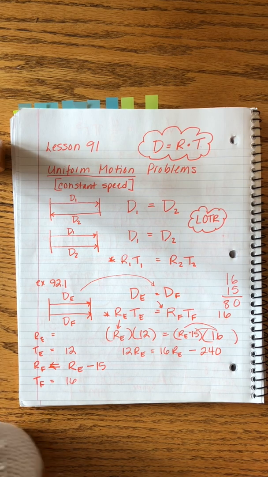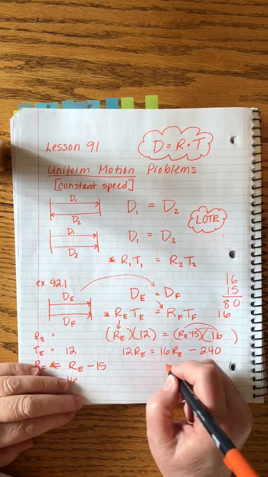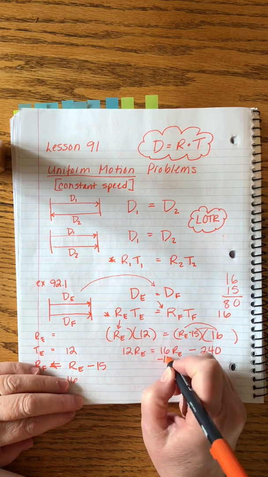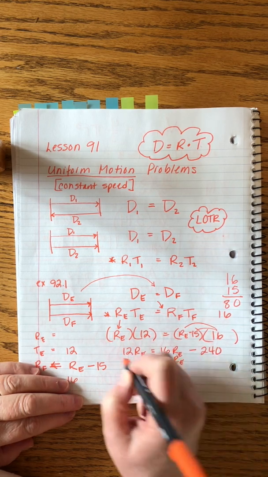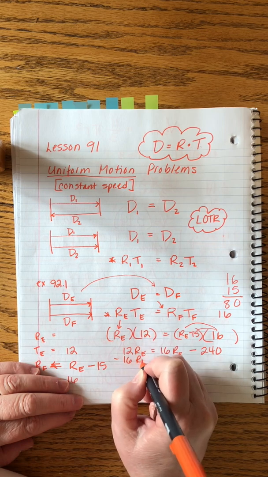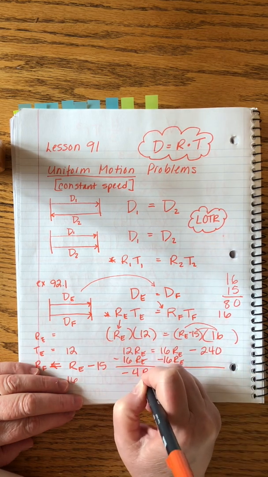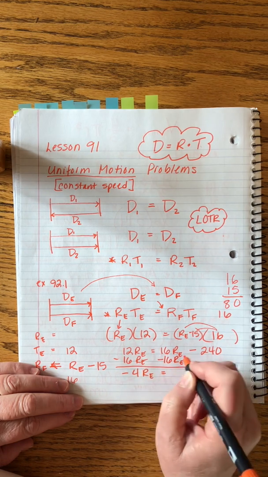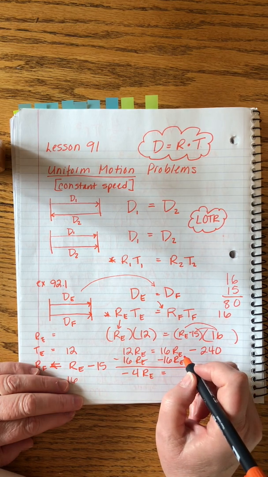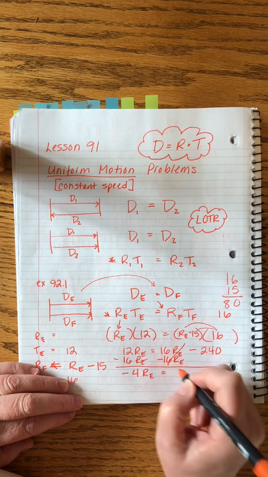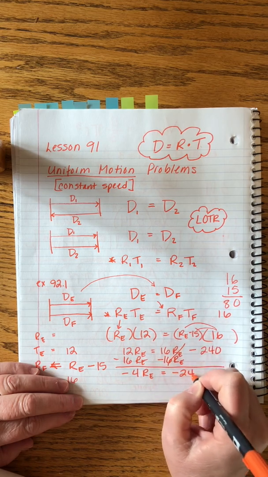Okay. Now, I'm going to live dangerously. I'm going to create some negative numbers. I'm going to subtract 16RE from both sides. I'll get negative 4RE equals, that all cancels, negative 240.